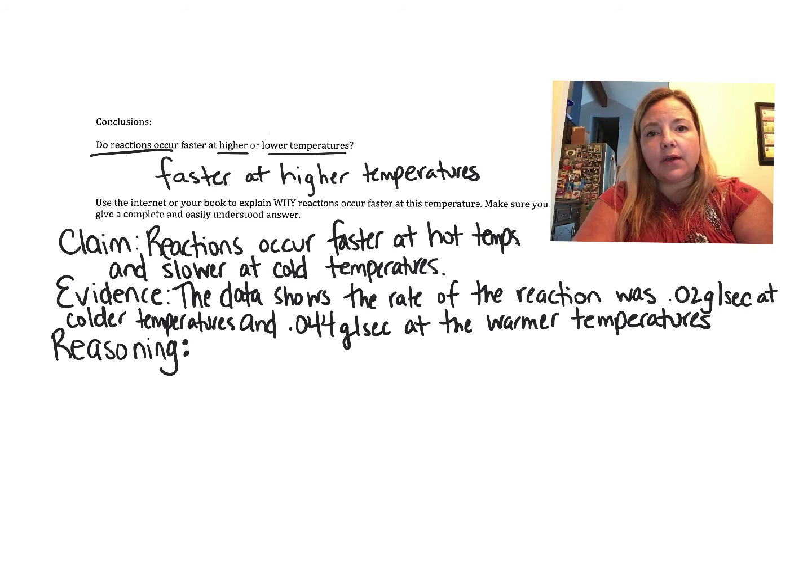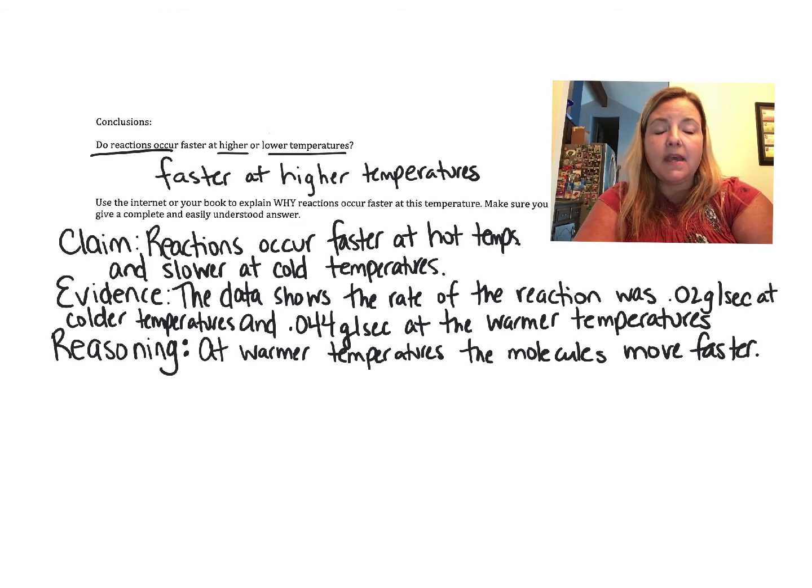Finally, for our reasoning section, we want to explain chemically why that happened. When the temperature is warmer, the molecules are speeding up and moving faster. That faster speed allows them to collide more often because they have more energy and are moving around more. They also have more energy, which makes it more likely that they will have enough energy to form new bonds.